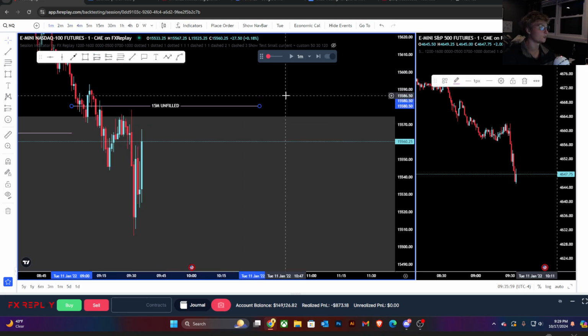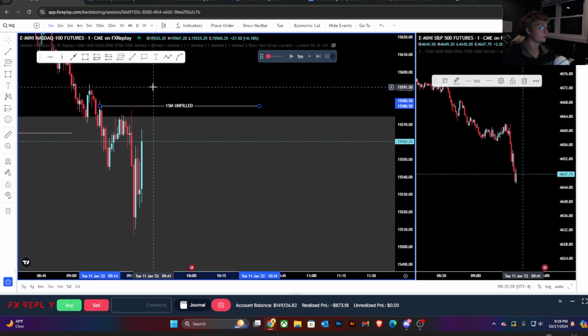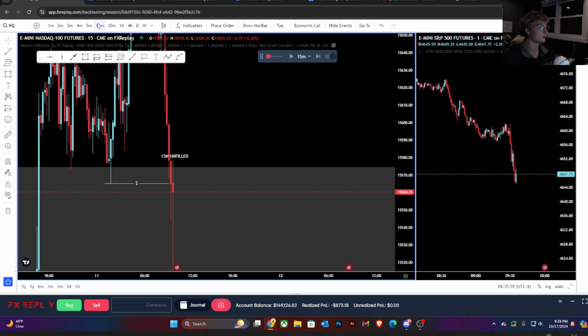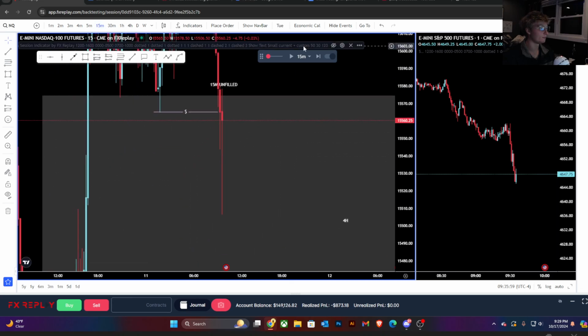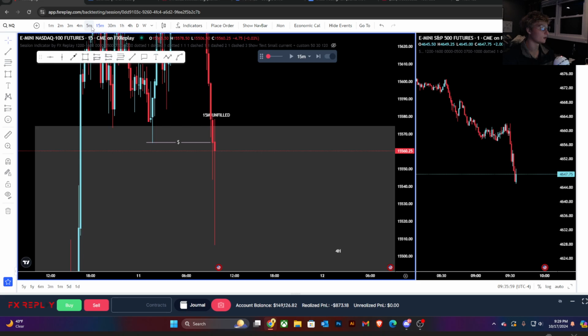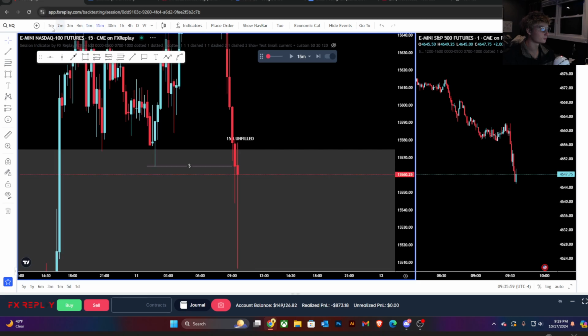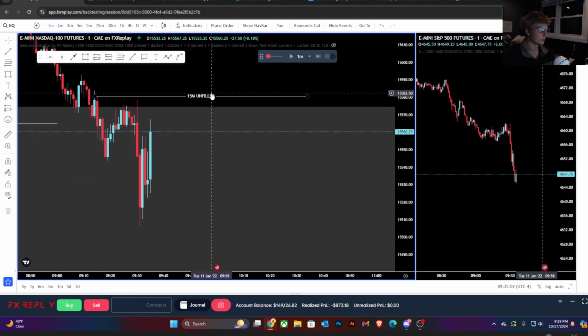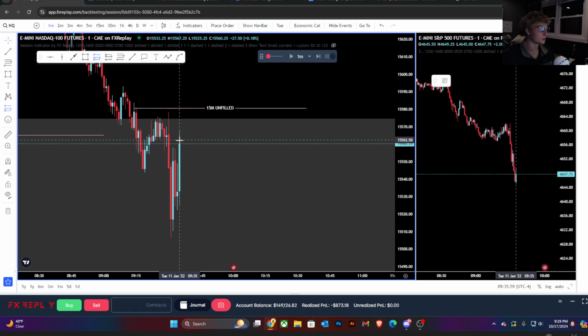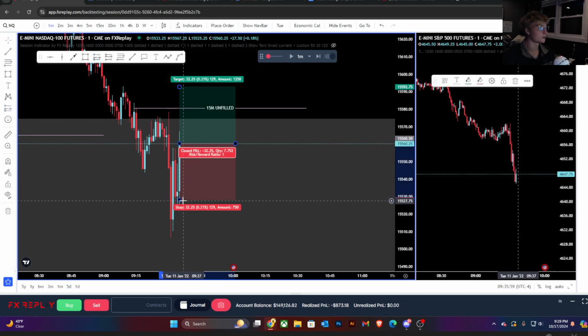This does look super mechanical towards this 15-minute unfilled here. Good sweep, good tap into 4 hour. This is pretty early, but I feel like this is free, at least to that 15.